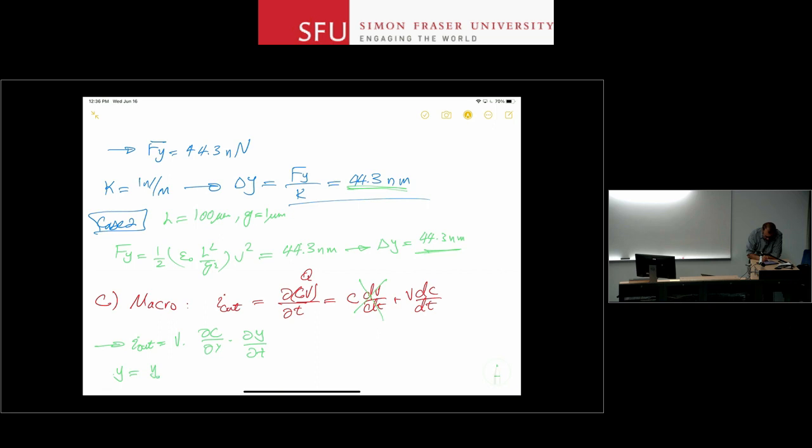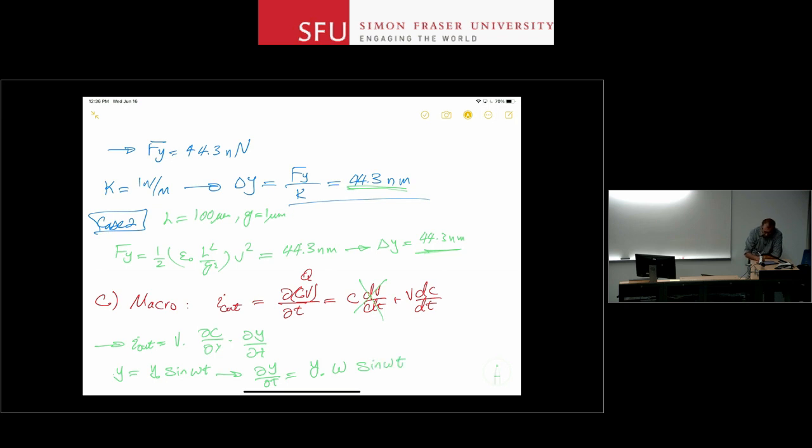Let's call it y naught sine omega t, some sinusoidal harmonic motion, I'm assuming here. Therefore dy over dt is going to be the amplitude of motion times omega times cosine omega t.